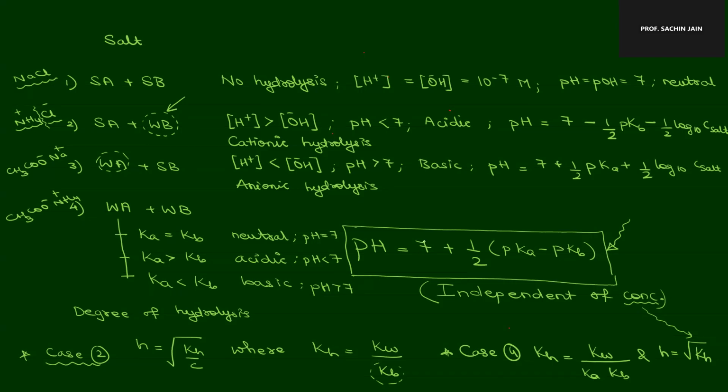If you subtract, it will be 0 and pH will be equal to 7, justifying that the solution is neutral. If Ka is greater than Kb, the acid is stronger than the base, meaning the solution will be acidic and pH should come less than 7. From the formula, if Ka is bigger then pKa will be lesser. So in that case, pKa minus pKb will be negative, and that's why the solution will have pH less than 7. Vice versa, if Ka is smaller than Kb then pKa will be bigger, so on substituting you get a positive value, it will be more than 7, the solution basic and pH greater than 7.